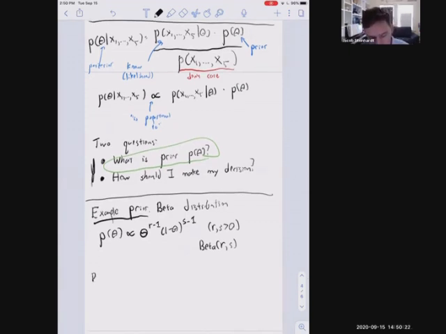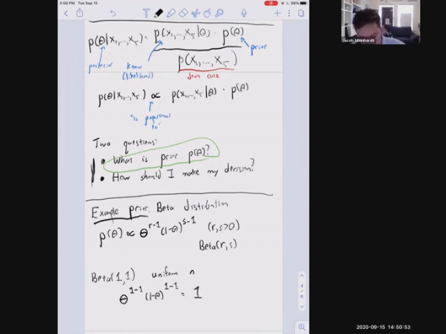As an example, if I have beta of 1, 1, what's that distribution going to be? Yeah, beta of 1, 1 will be uniform, right? Because it's going to be theta to the 1 minus 1, 1 minus theta to the 1 minus 1. That's just 1.